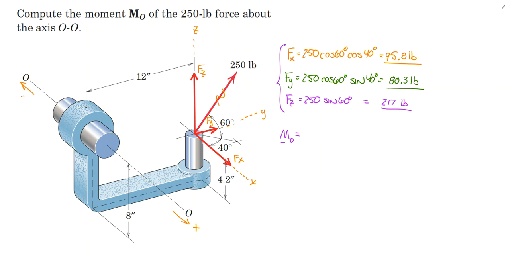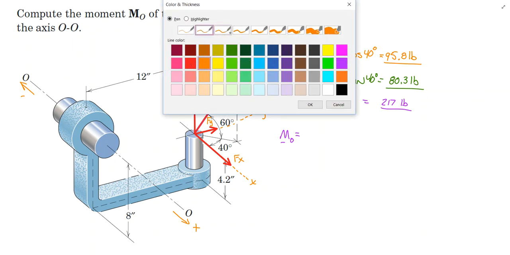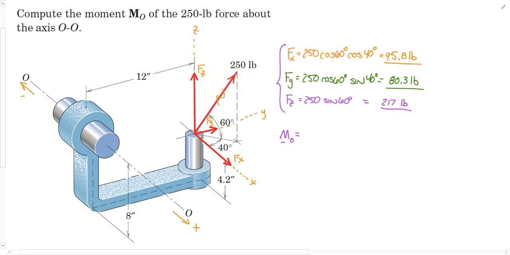It might help to sketch a couple of lines over from where our force is applied to the axis so that you can see the distances. If we sketch this line, it is going to pass under and come out somewhere right in here. If we extend this O-axis through here, it would be below it by an amount that's equal to, well, from the very bottom up to axis O, it's 8 inches, but then from the very bottom up to the y component, it's 4.2 inches.